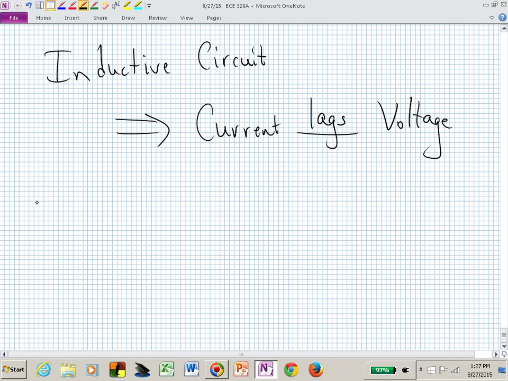You can now tell me something more about theta sub V minus theta sub I. Now, if the current lags the voltage, let's say the voltage angle is 50 and the current angle is behind it, so let's say it's 20. What's the result of 50 minus 20? 30, a positive number. So now theta is positive.